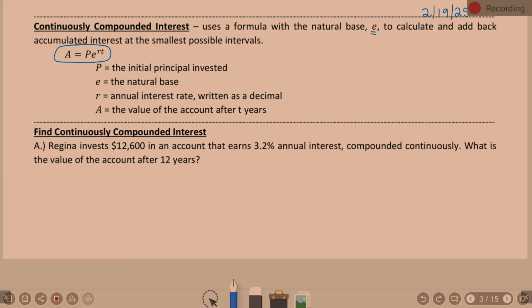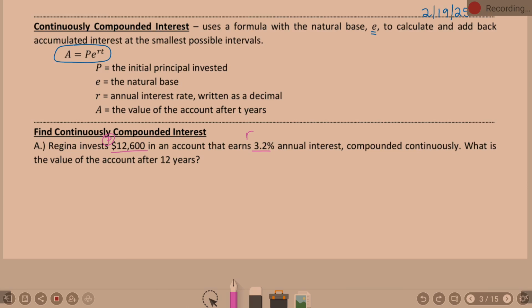So, go through. What can you tell me here? What do we know? $12,600 is going to be your money you're starting off with, so that is your principal. What else do I know? T is 12. Okay, so two things there.